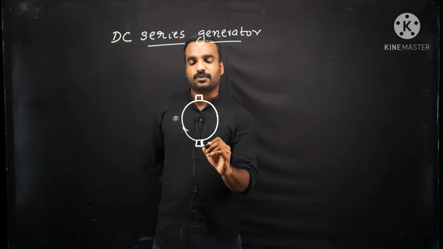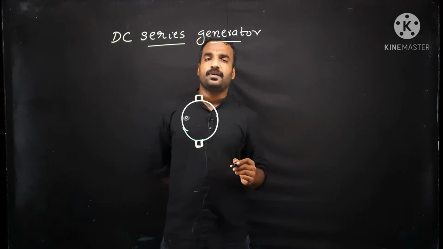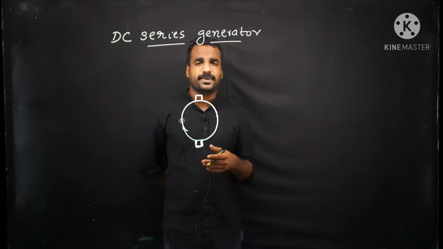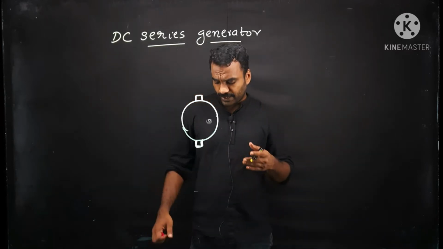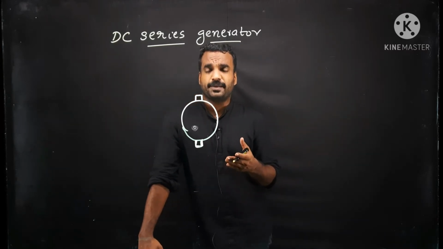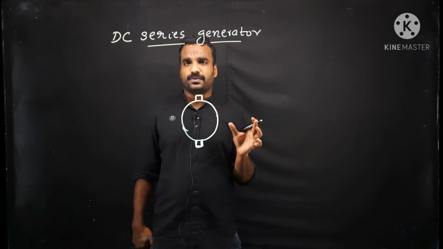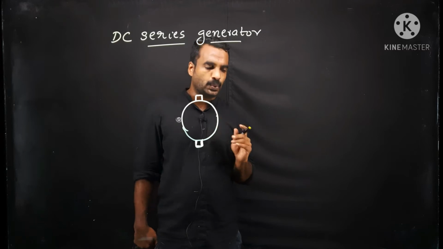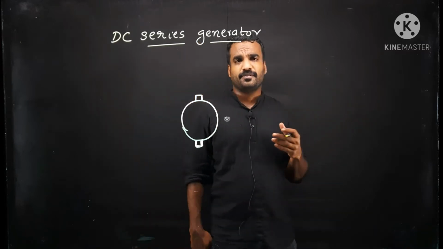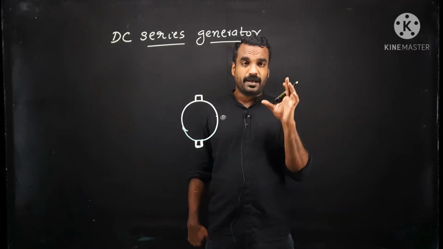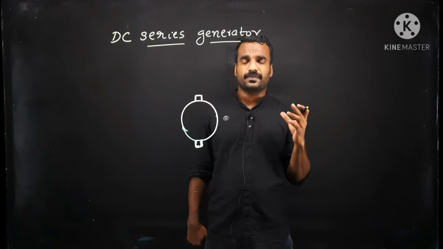This is the representation of the armature. Why are we only representing the armature? Why are the stator and magnetic poles not represented? Because it is an electrical equivalent circuit. In an electrical circuit, flux or poles, such things are not relevant.